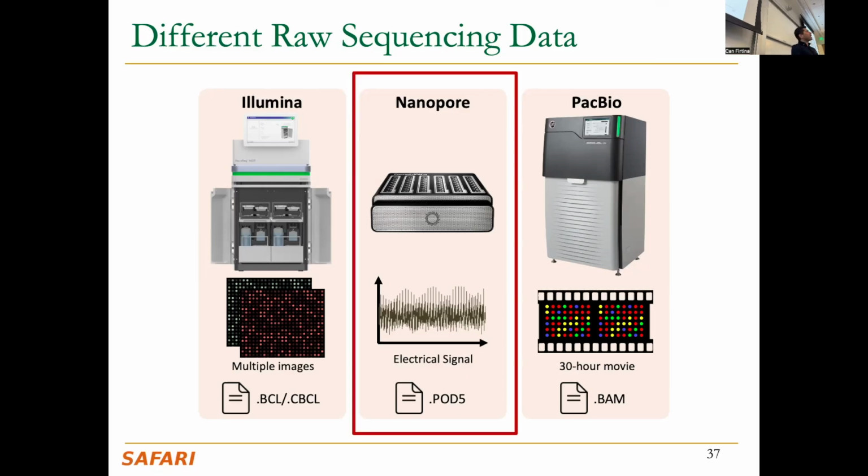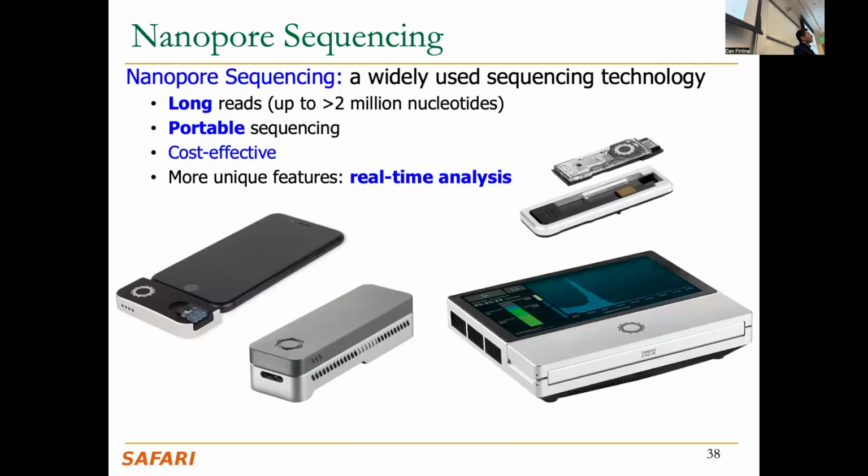Today we're going to be mainly looking at nanopore sequencing technology, which generates raw electrical signals. And I'll try to give the reasons for that. Mainly, nanopore sequencing is a widely used sequencing technology in our field. It can produce long reads up to 2 million nucleotides.